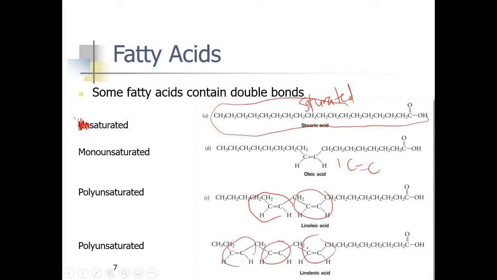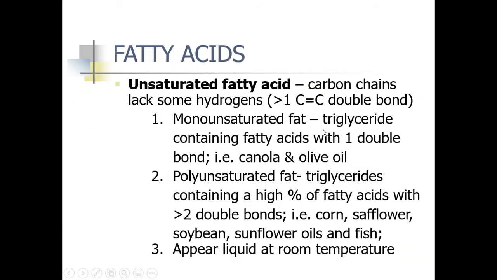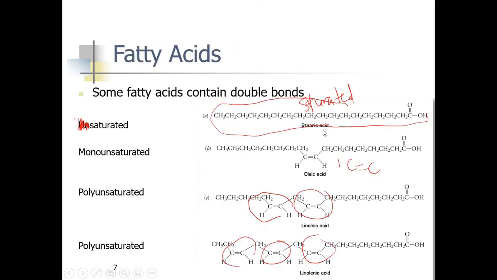For fatty acids, you have to know the number of carbons and the saturation of some of these fatty acids, like these examples. You have to know how many carbons that fatty acid has and whether it contains a double bond. These are common fatty acids.